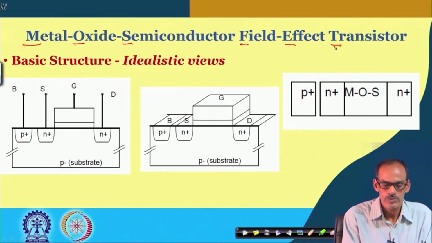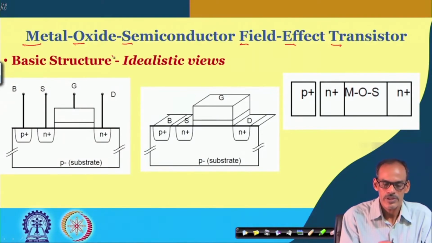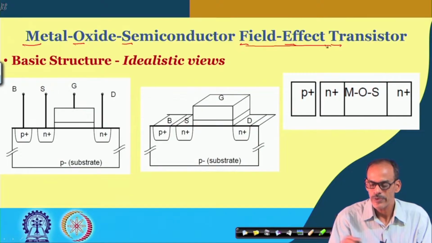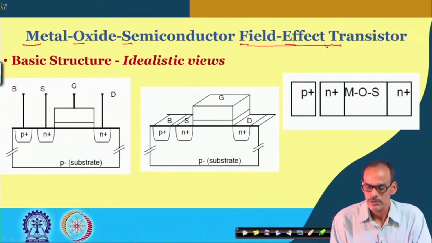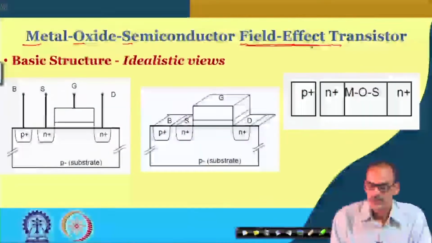Structurally we have metal, then silicon dioxide, the insulator, and then the semiconductor. In addition to that, in the field effect transistor, from the control input we apply voltage to create a field on the channel, which modulates the characteristic of the channel. So, here the controlling element is basically the electric field. That is why it is referred to as a field effect transistor.